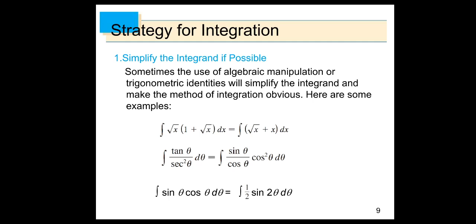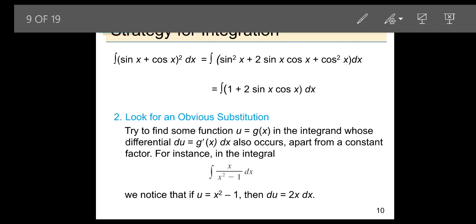So you can see we have some examples over here, and in the first example we have integral of root x into 1 plus root x, right? So we just simply multiply these two and write it in the form of root x plus x. Similarly, we have tan theta by secant square theta d theta, and we try to simplify it with the help of trigonometric identities.